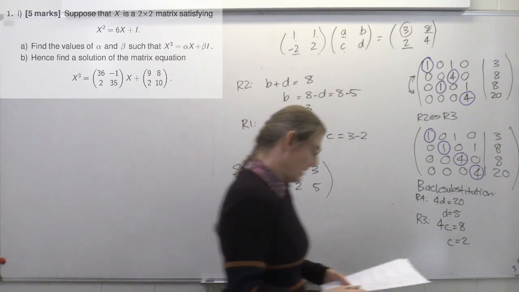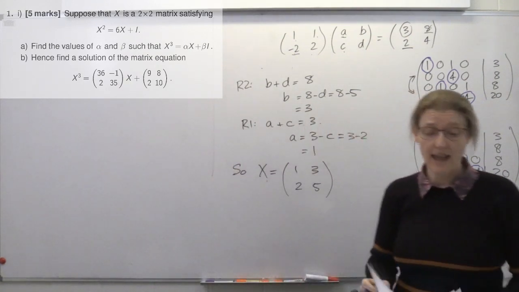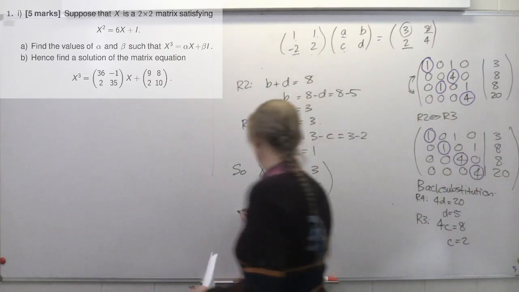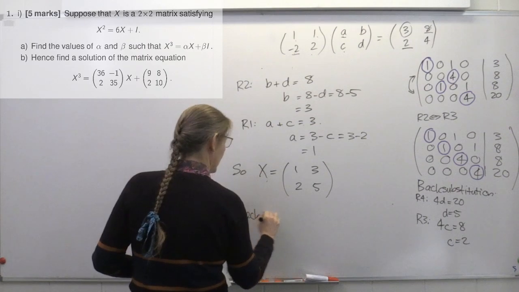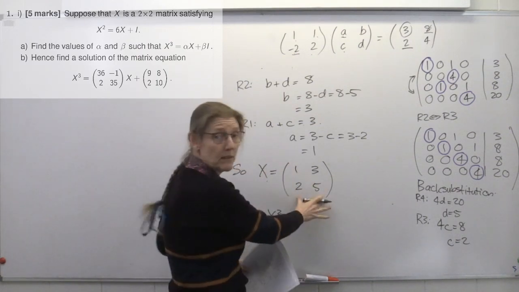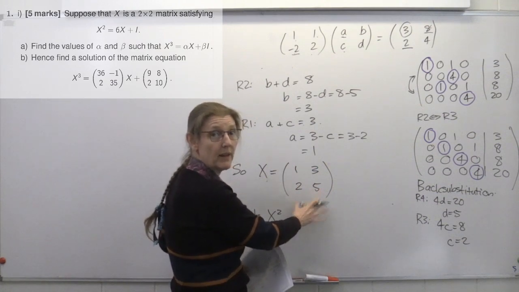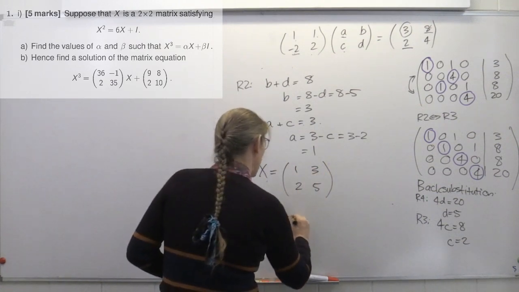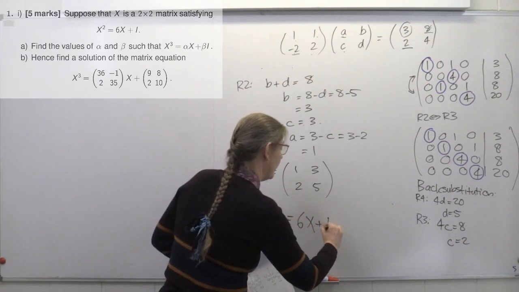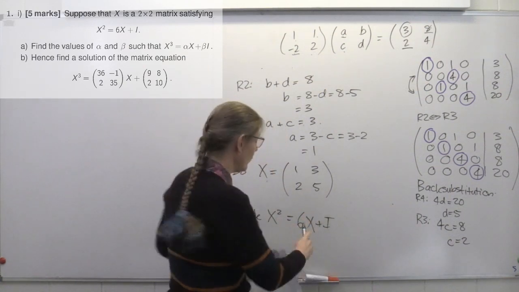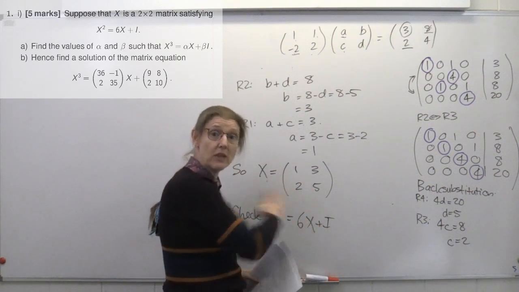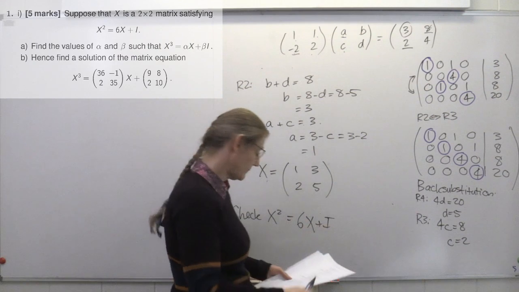All right, so we can check. I won't do this here, I'll leave this for you, but you want to check x squared. Multiply this x by itself, see what you get, and check that it's equal to 6x plus I. Substitute this x into both the left-hand side and the right-hand side and make sure they become the same thing.